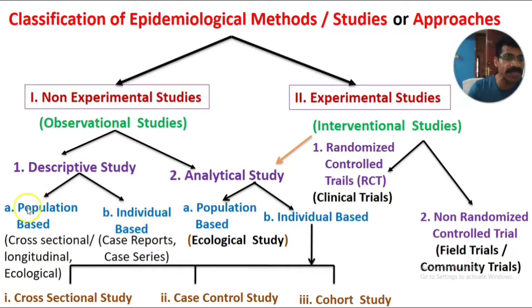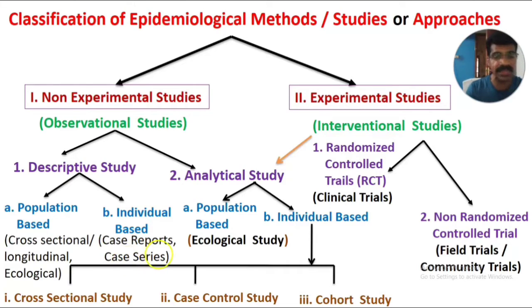Under descriptive study, in population based study, we do cross-sectional studies, longitudinal studies and ecological studies. Then under individual based descriptive study, we do case reports and case series. A case means a person with a particular disease.